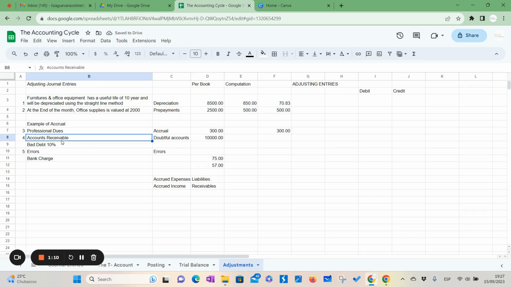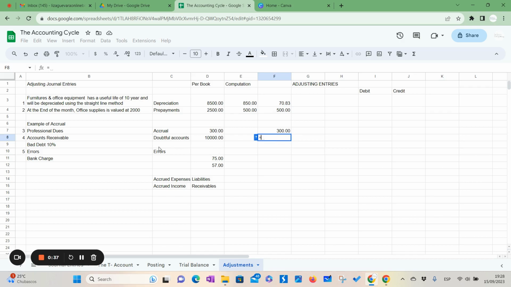And next we have, for example, accounts receivables. There are clients that are no longer able to pay the accounts that they owe us. So we can claim that as bad debts or doubtful accounts. We will compute that. It is said that bad debts is 10% of the accounts receivable.